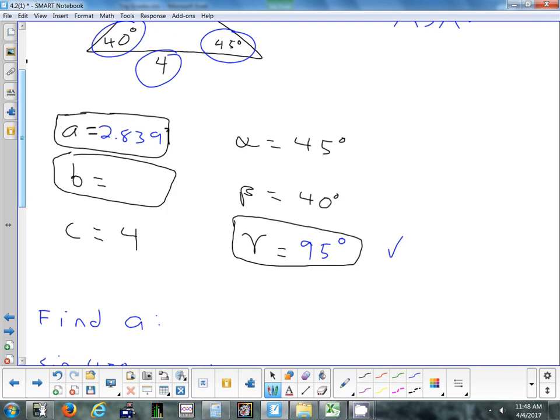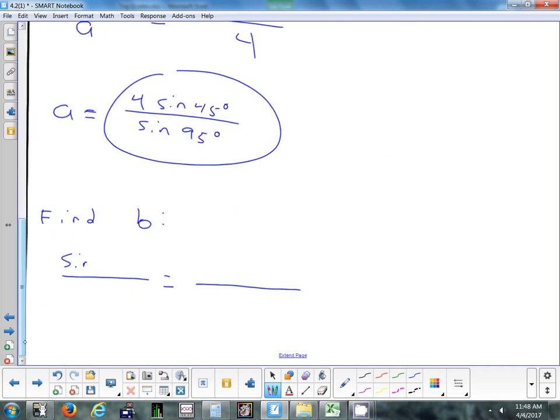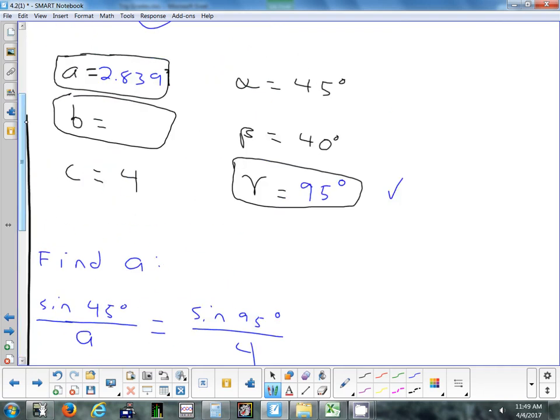Sine beta over B. Yep, we're definitely going to use the second row, because that has the thing I want to find in it. And then C. Yep. So we're going to do sine beta over B, and then we're going to use the third one, because it's the only row with everything in it, and the numbers are nice.